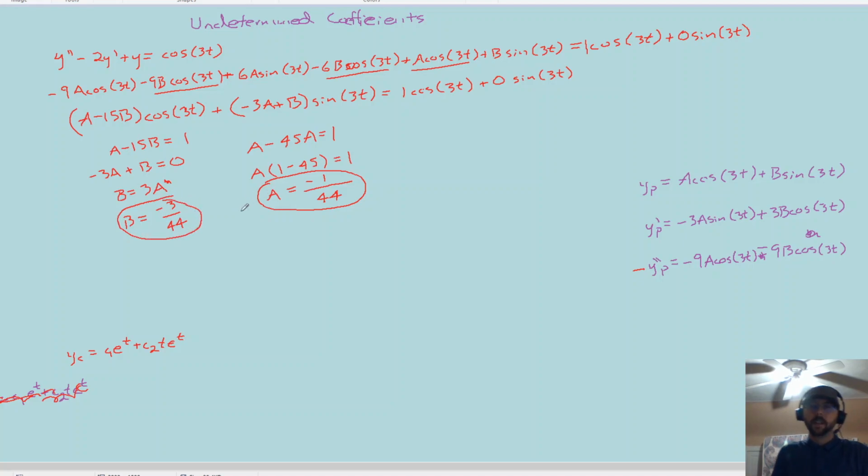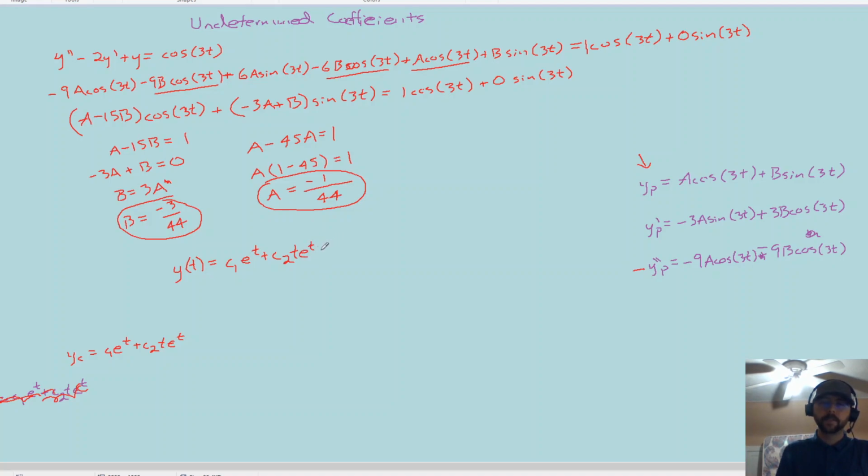So now we can go back to our particular equation, which was right here, and we're going to plug in a and b, and then combine it with our characteristic solution. So the final solution for this is y of t equals c1 e to the t plus c2 t e to the t.